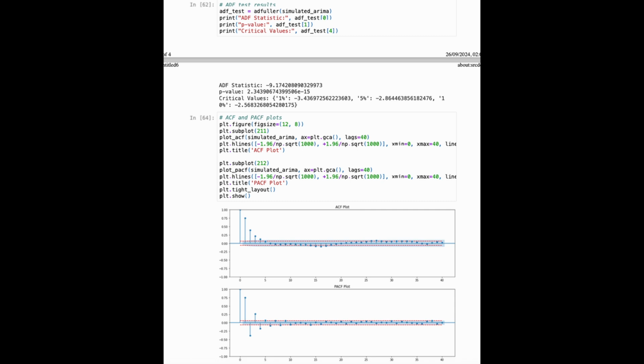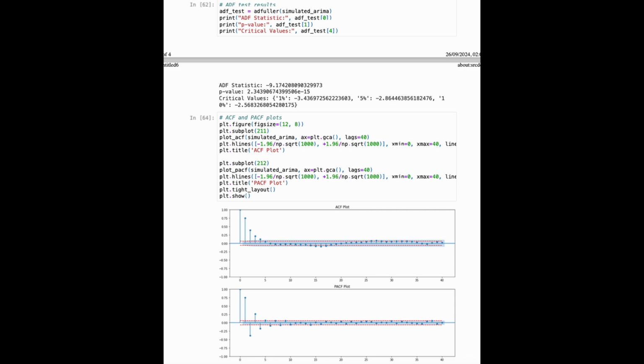This suggests strong evidence to reject the null hypothesis that the series contains a unit root. Therefore, the series is stationary. And finally, the critical values: the ADF statistic is lower than all the critical values at the 1%, 5%, and 10% levels. This further confirms that the time series is stationary.